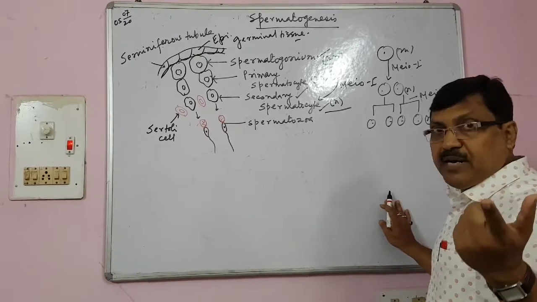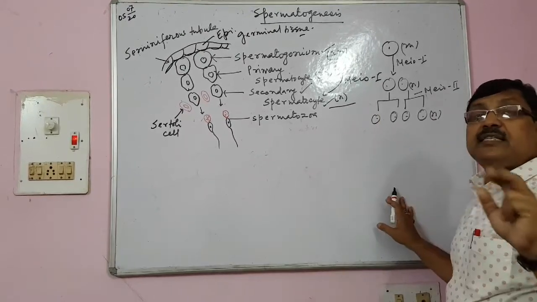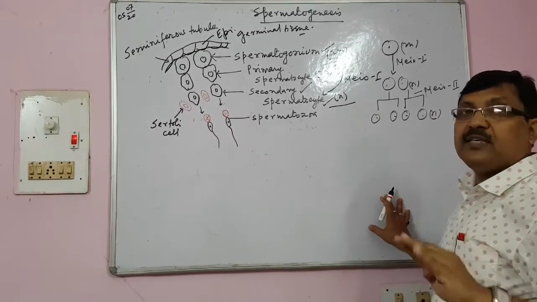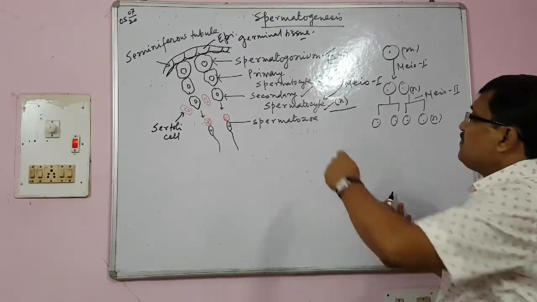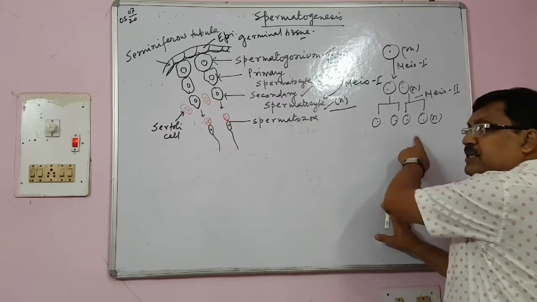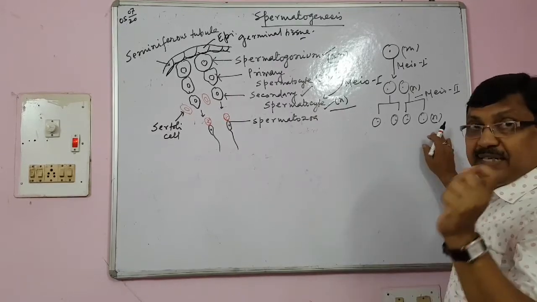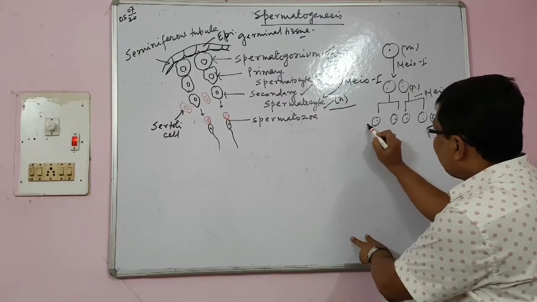Meiosis 2 is similar to mitosis, so there is no change in the ploidy of the secondary spermatocyte cells and the finally formed spermatids. So these are the spermatids.